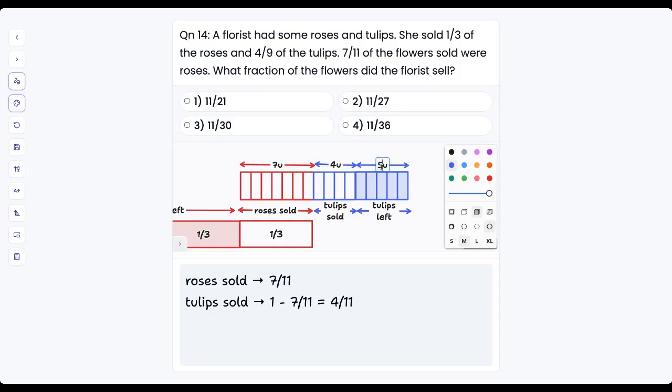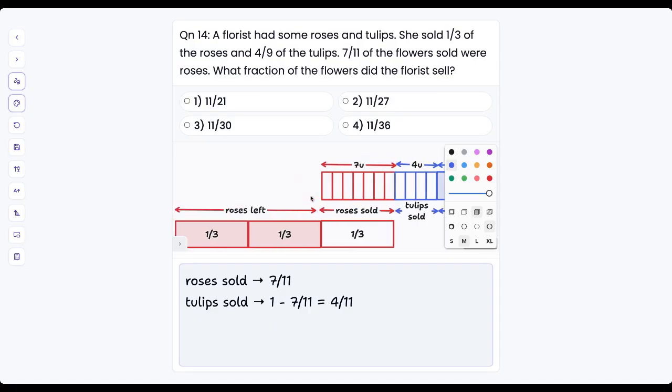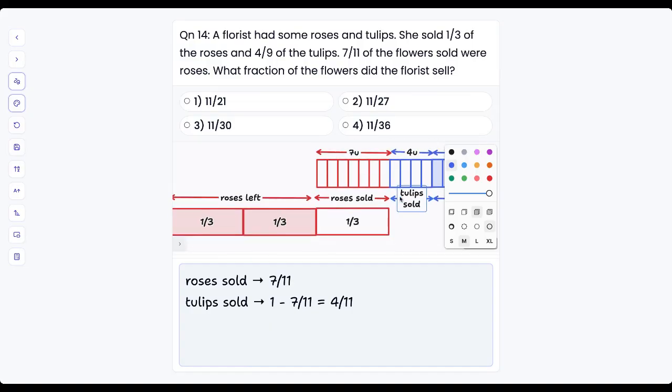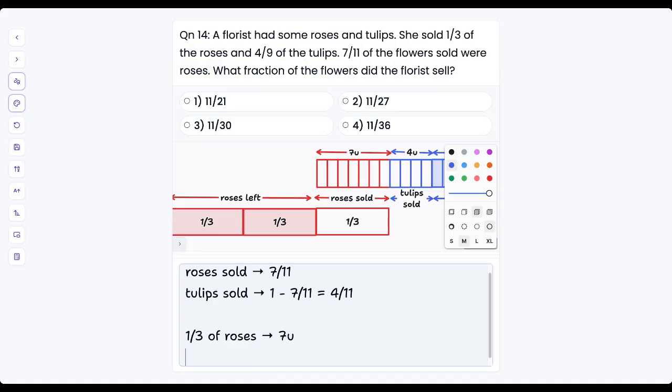Okay, so that means when we draw this, one third of roses is equal to 7 units. So 3 out of 3 of roses is equal to 3 times 7, which is 21 units.